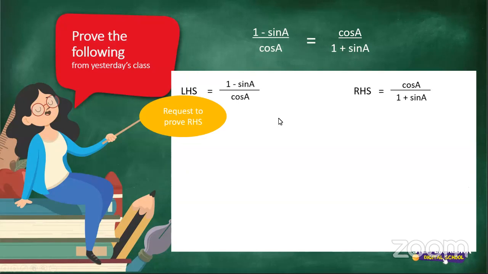So the first step in this case, as I'd mentioned, is that you have to get your denominator at least starting to look like the other side. On your left-hand side, you have a cos denominator. On your right-hand side, you have a sine denominator.